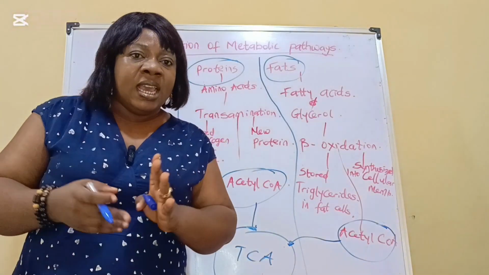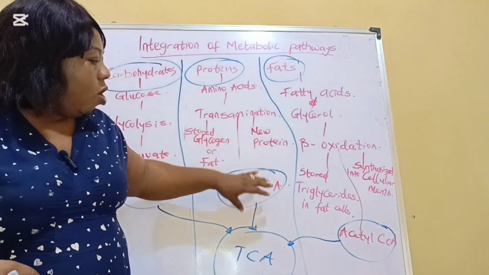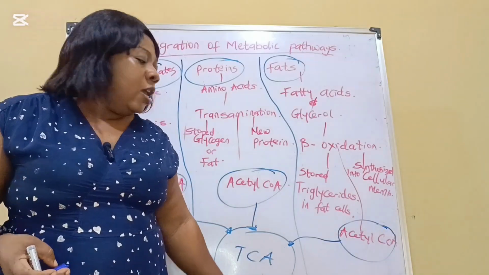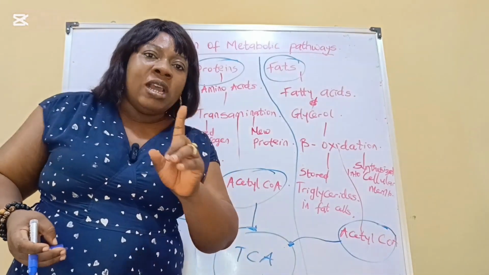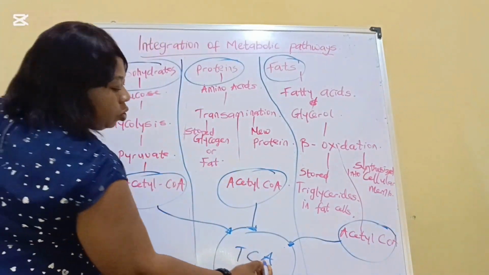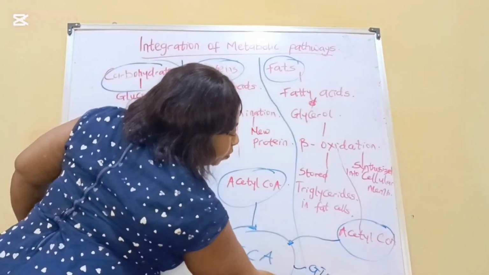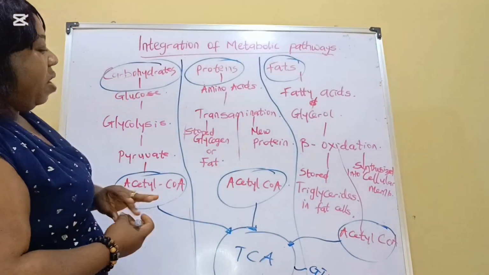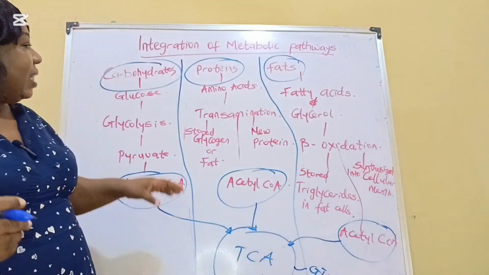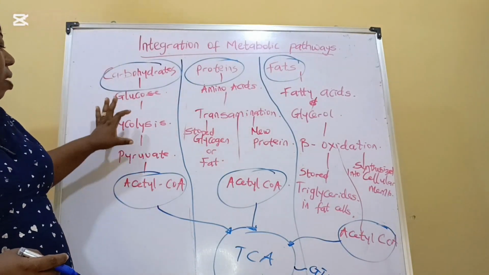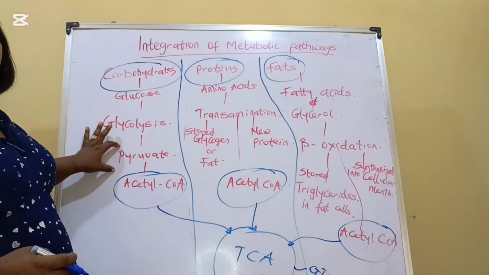And when a molecule of acetyl CoA enters into the TCA cycle, we get one GTP. So it gives us GTP. Now, let's say we started with this carbohydrate. Remember, we said that glycolysis will give us 2 molecules of pyruvate.